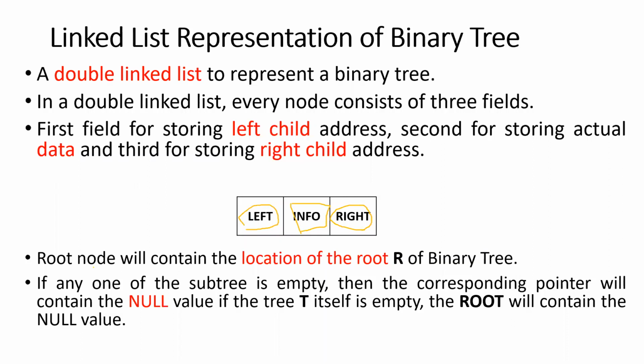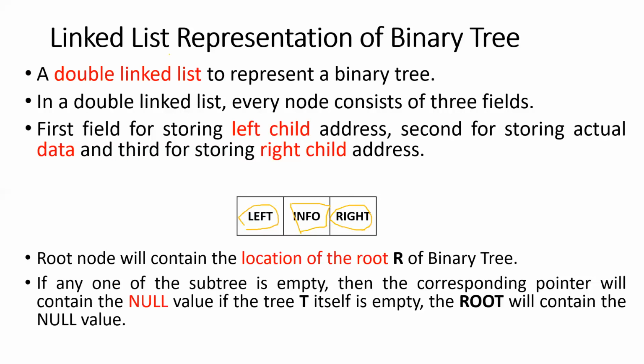Now, in the linked list representation, if any one of the subtrees is empty, then the corresponding pointer will contain a null value. If the left child is absent, then we have to give a null value in the left address location.